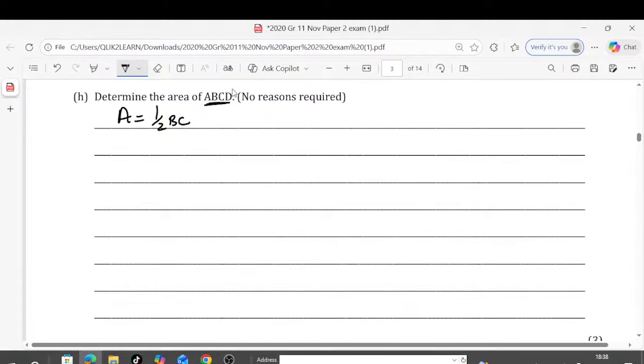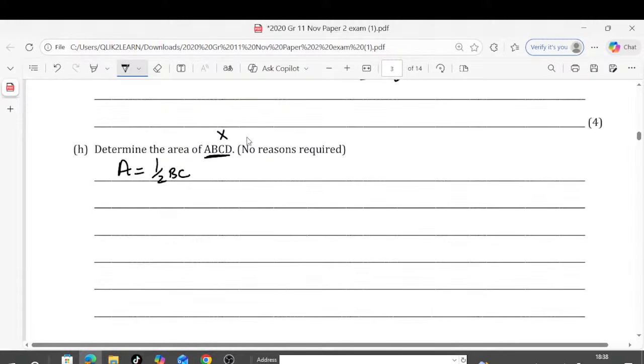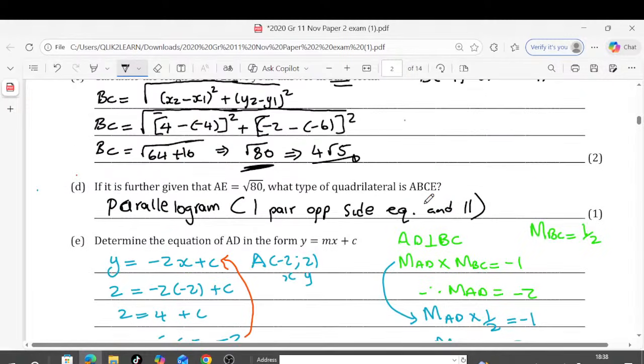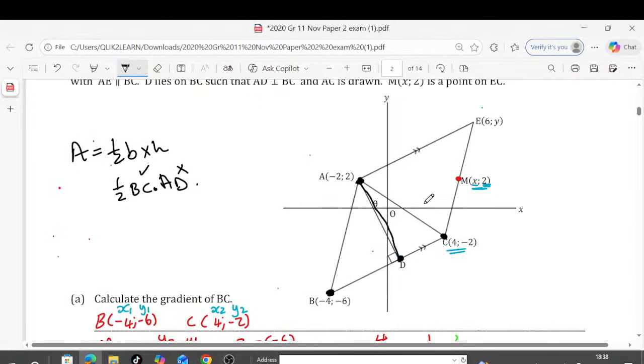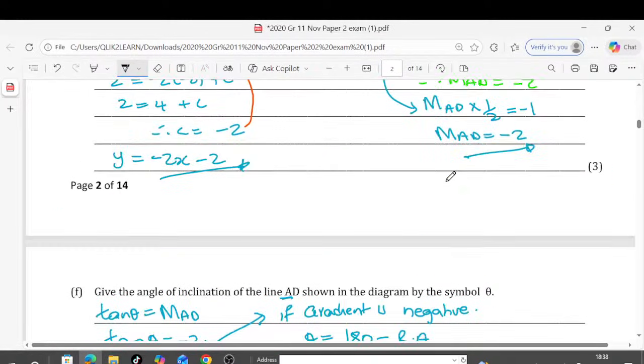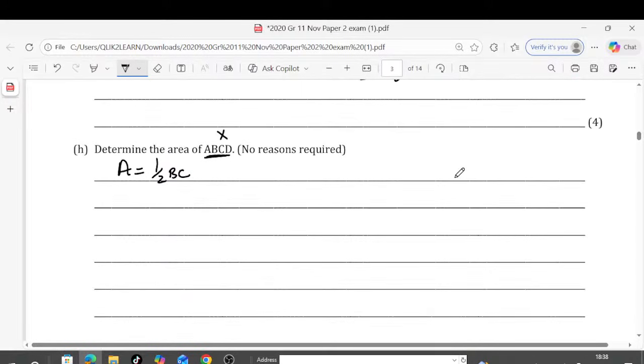I think they made a mistake when they said BCD. I think the question wanted us to find the area of ABCE. They were supposed to say CE, but it's fine. We're just going to find the area of that triangle. So we need to find the length of AD.